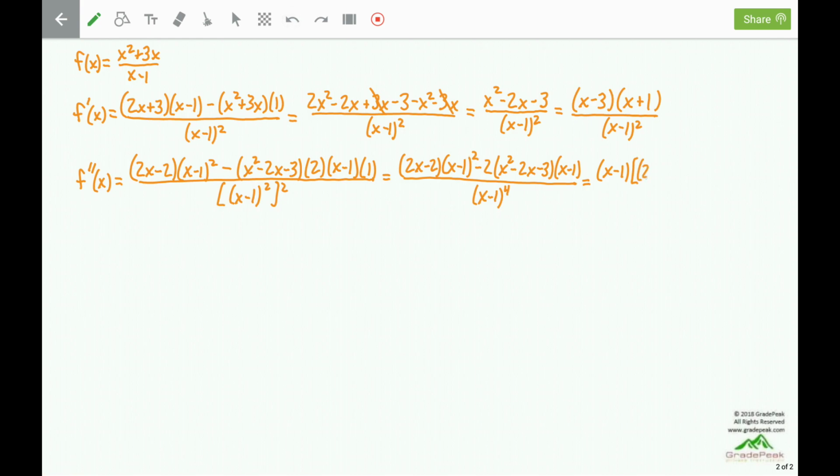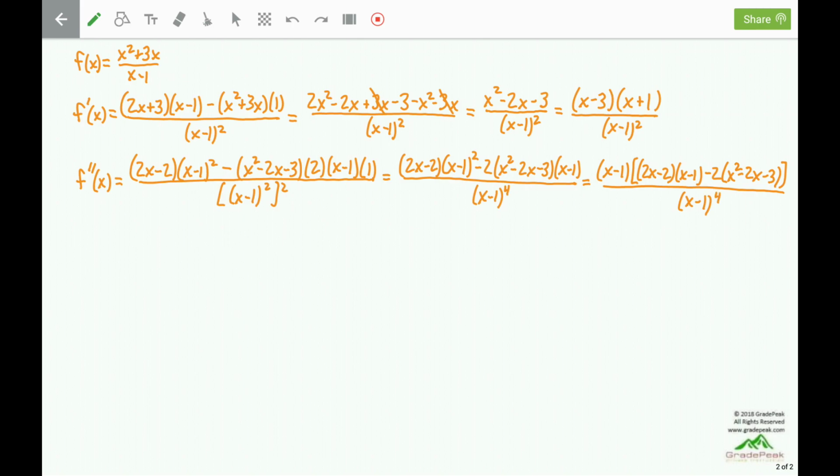So we are left with 2x minus 2 times x minus 1 minus 2 times x squared minus 2x minus 3, and the entire thing is divided by x minus 1 to the fourth power.